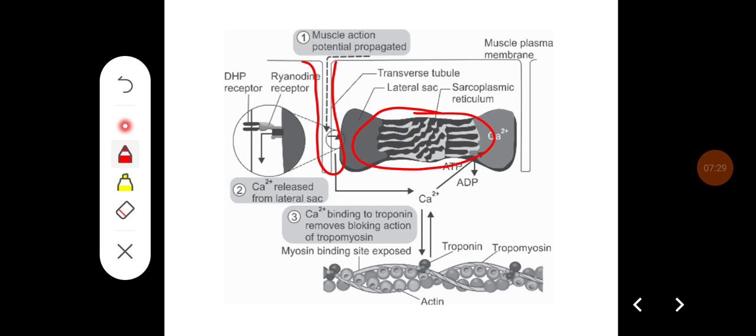The transverse tubules help in the conduction of the action potential towards the longitudinal reticulum, where the action potential causes the activation of dihydropyridine receptors, which mechanically activate ryanodine receptors, and ultimately it leads to the release of calcium into the sarcoplasm. This calcium is going to bind to the troponin, which is going to initiate the muscle contraction.